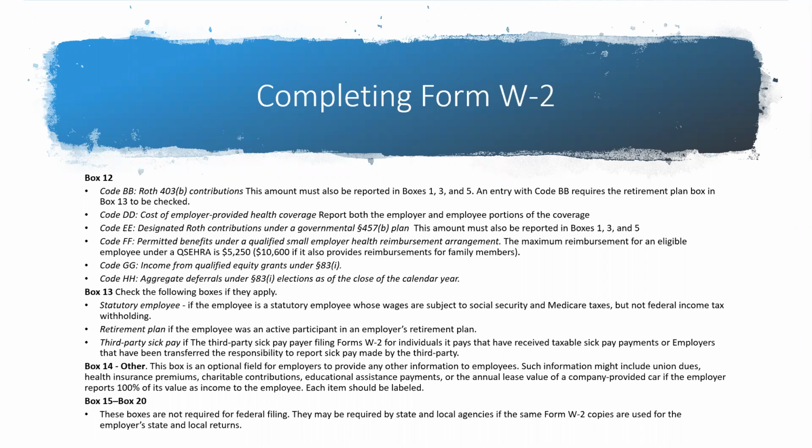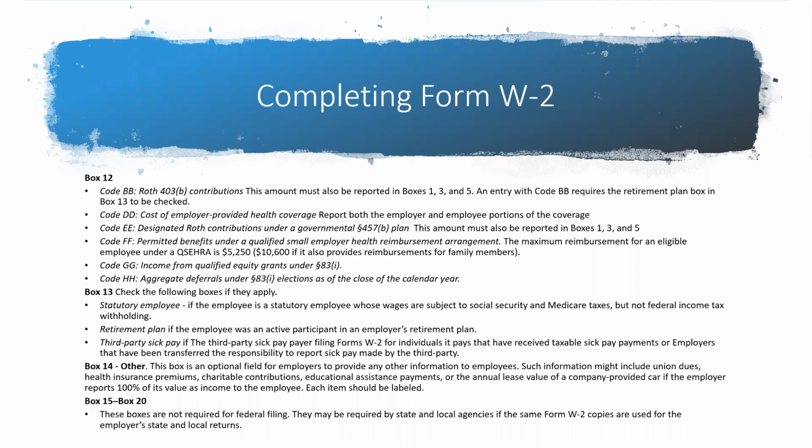One of the big things that we see reported in box 14 a lot is 2% S corp medical. So if the W-2 is for a shareholder of an S corporation that owns more than 2%, then the amount that was paid for healthcare for that employee is considered taxable income to the employee, which is a little different than a normal employee.